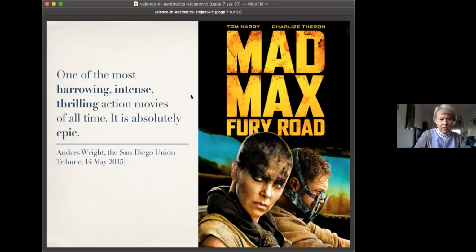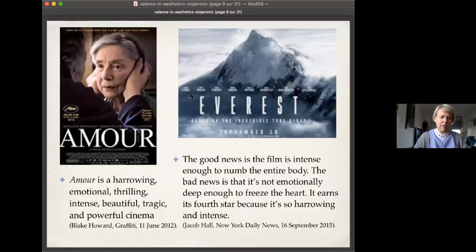Now, one thing I want to stress from the outset is that it's not that this is a set of adjectives that is somehow polysemous or ambiguous, and that it has this positive meaning only, say, if it's used with respect to action movies. There are other examples where, again, using intense and harrowing is seen as positive.